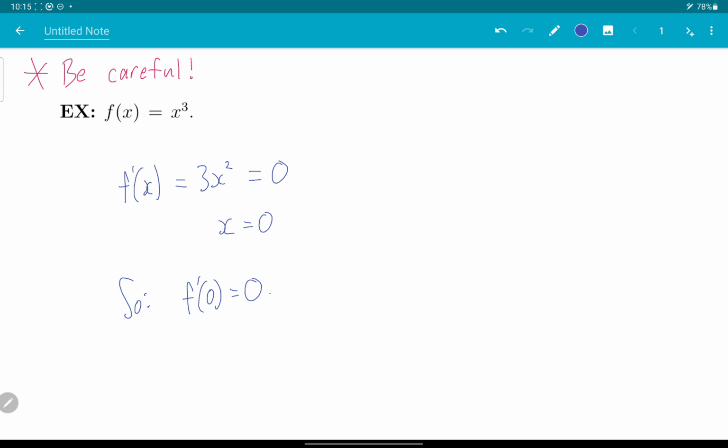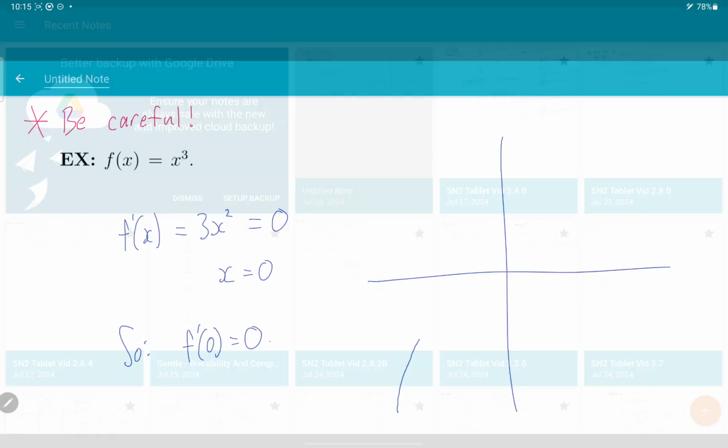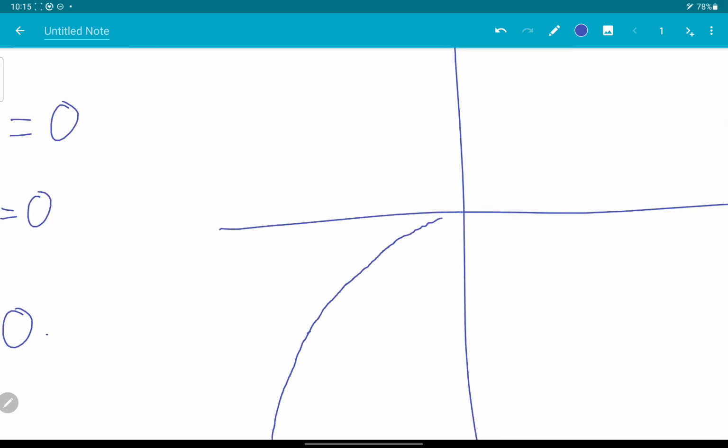But if you look at the graph of this cubic function, what's happening is you have a function that is rising, and then it flattens out momentarily right at the origin. So it gets flat right there, just for a moment, an instant actually, and then it continues on its way, like so.